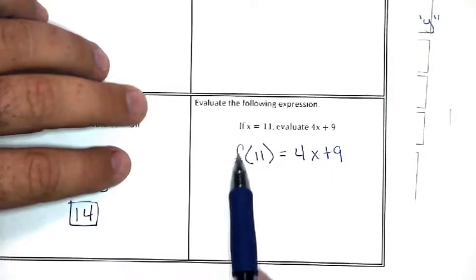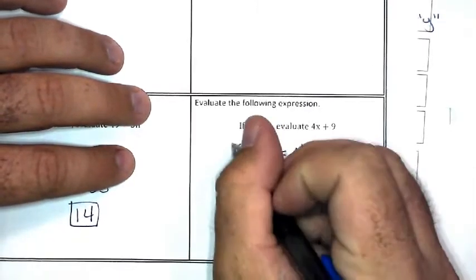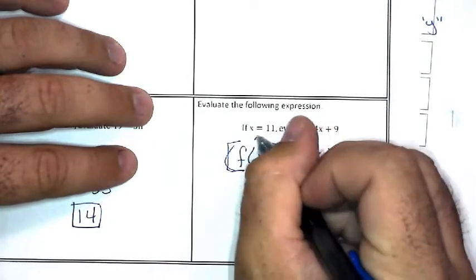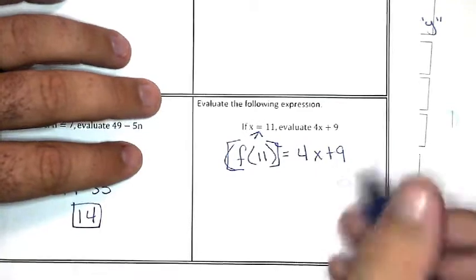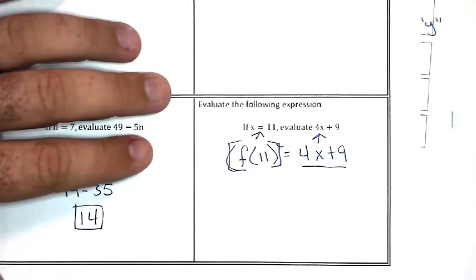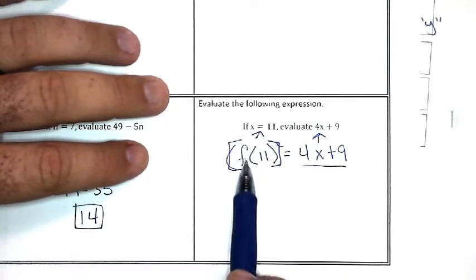This part, I'll do a different bracket. This part replaces the first part of the sentence. This part is just that part. X equals 11. F of 11. X equals 11. X is 11.